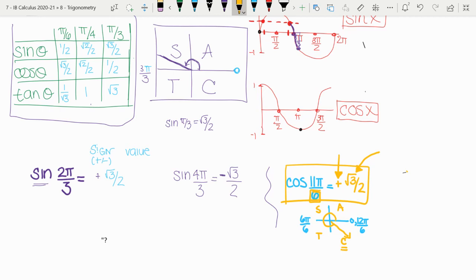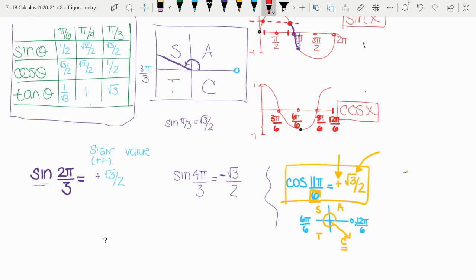So if I change the scale, and instead of counting by increments of pi over 2, I'm going to count by increments of pi over 6. So this would be 3 pi over 6. This would be 6 pi over 6. This would be 9 pi over 6. And then at 2 pi, that would be 12 pi over 6.